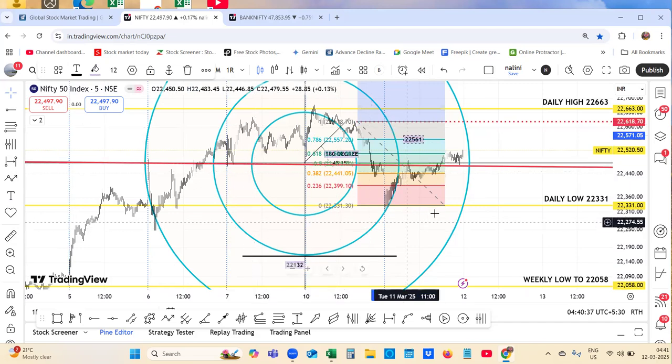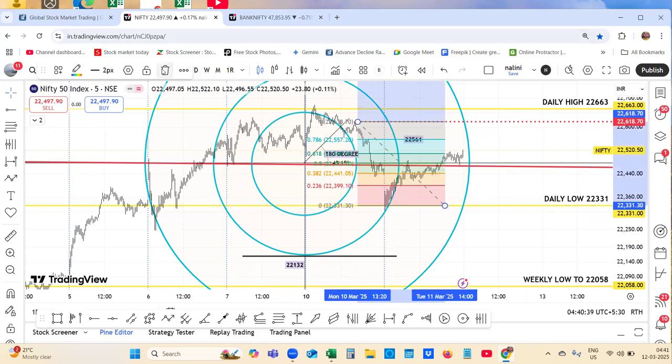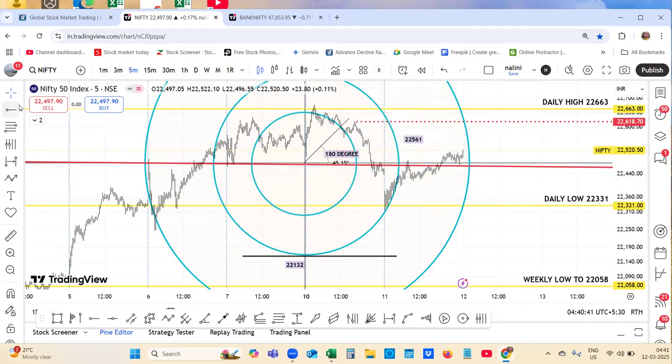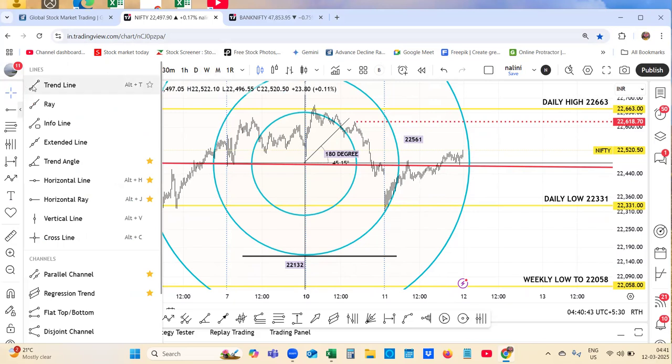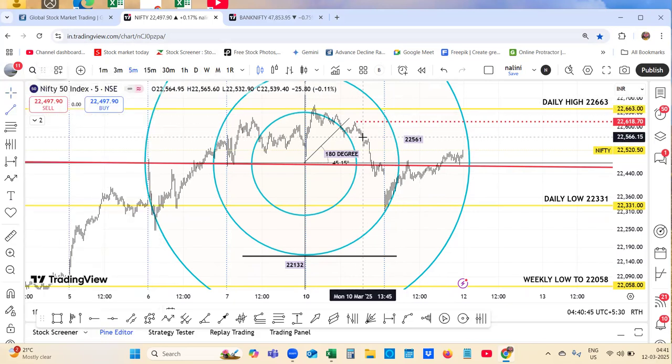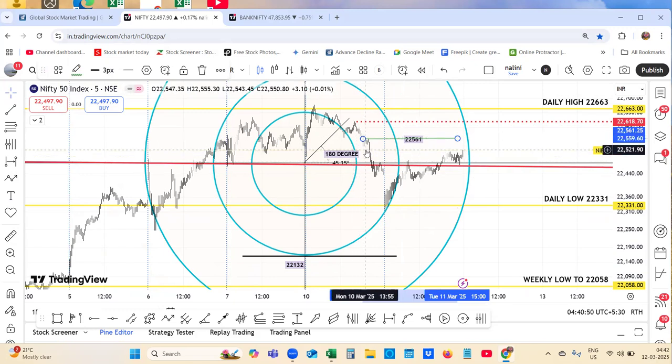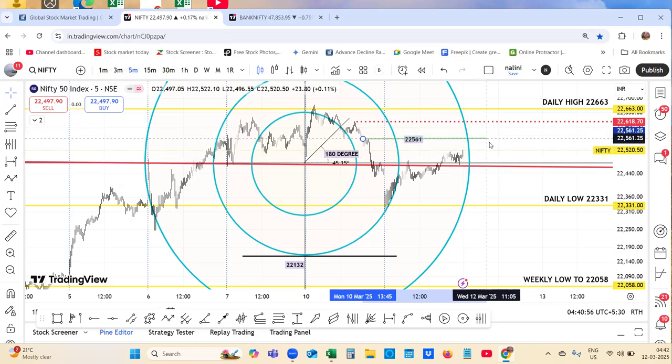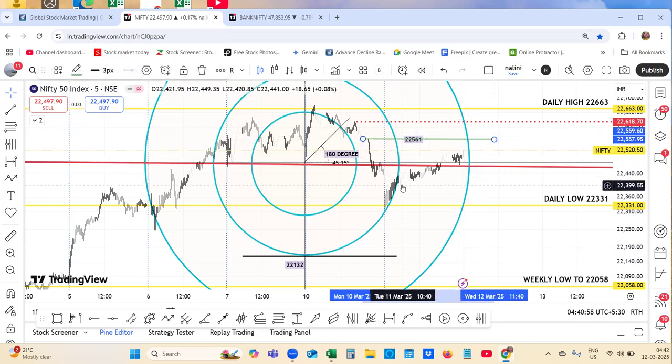Okay. So I am applying this just to mark the 0.78 level that corresponds to this counter. So market can, today, the supports you need to see, it can take support around this area.